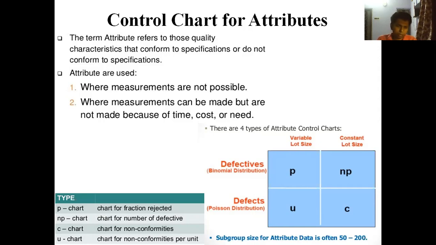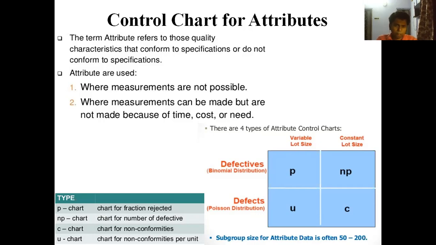Sometimes it is economical, rather than going for very rigorous testing. So that's why control charts for attributes are required.